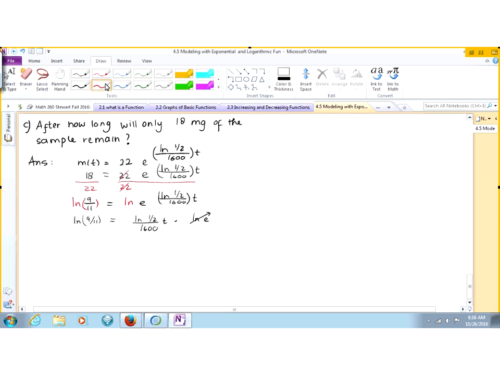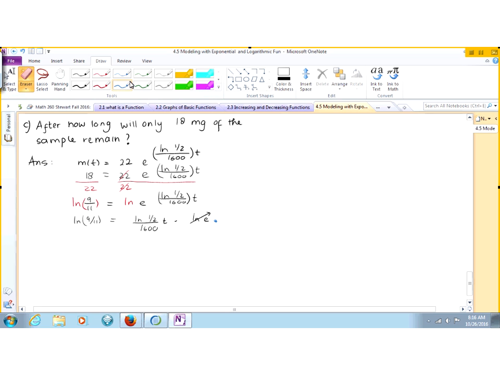Now, how do I solve for t? What are you going to do? Divide or multiply? Multiply, yes. Because if you divide by ln half over 1600, look, it's scary, isn't it?